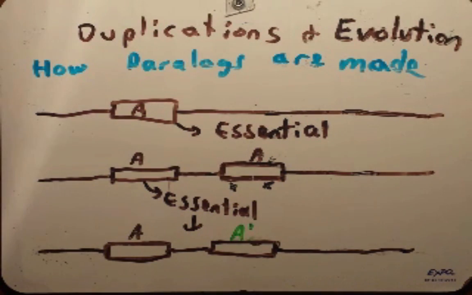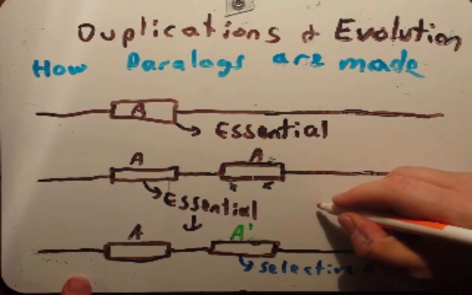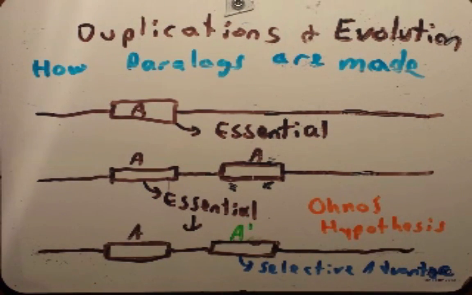That can help direct evolution. This idea of how new genes evolve is known as Ohno's hypothesis.